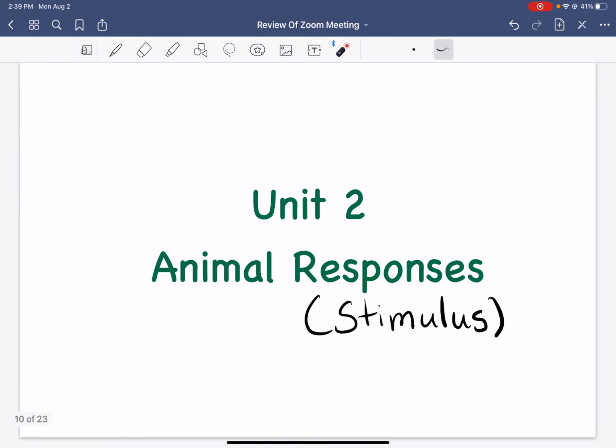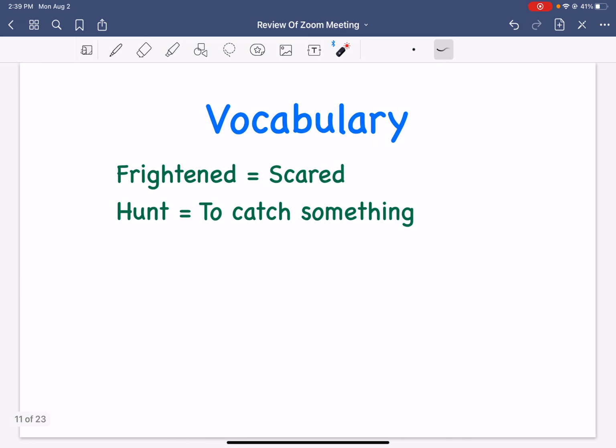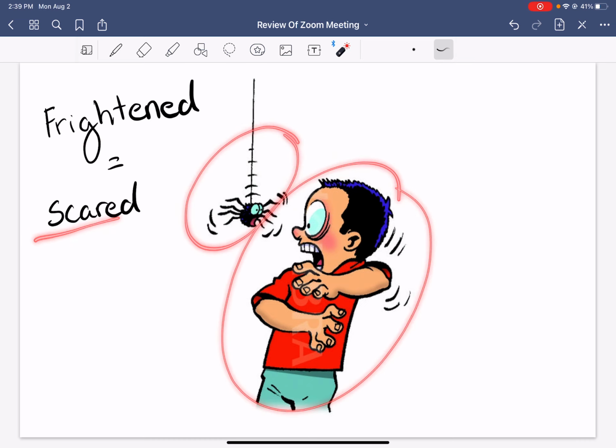So let's take a look at animal responses again and their stimulus. We learned in the beginning the word frightened. Frightened means scared. This boy is frightened.